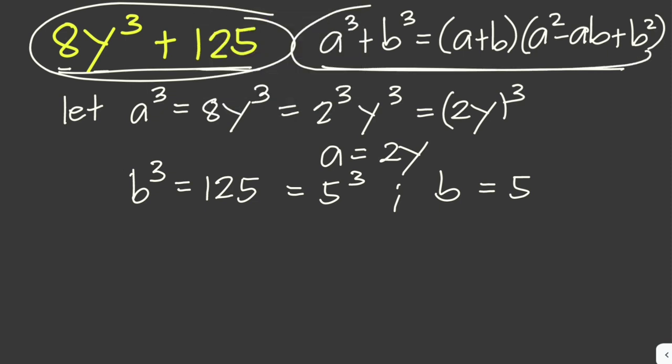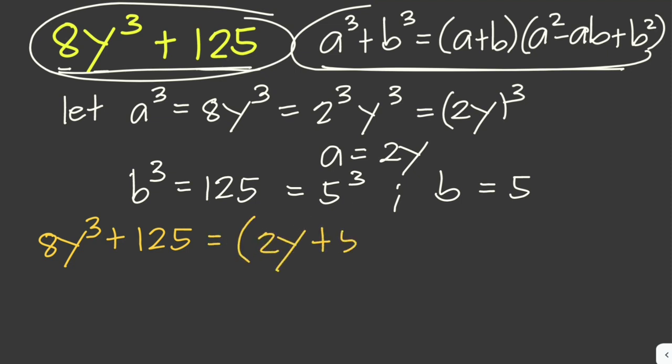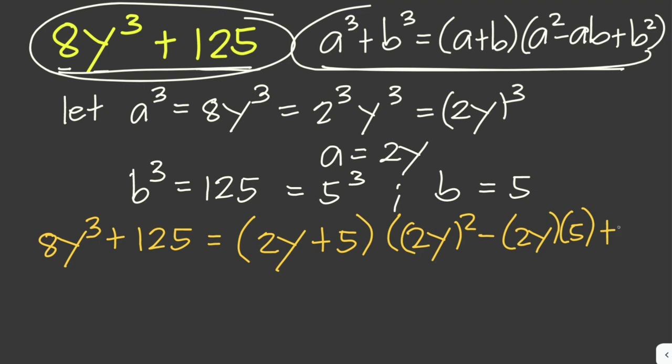So 8y cubed plus 125 is just equal to a plus b, where a is 2y and b is 5, times a squared, so this is (2y) squared, minus ab, 2y times 5, plus b squared, where b is 5.